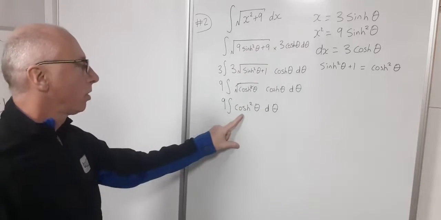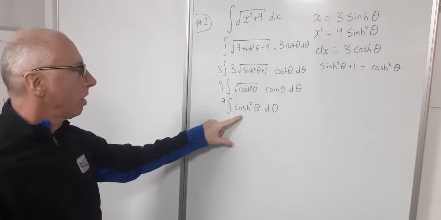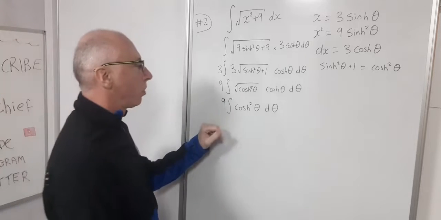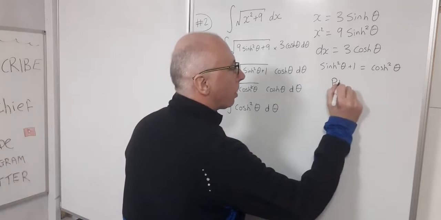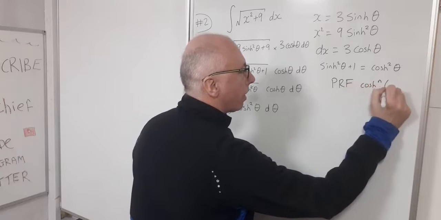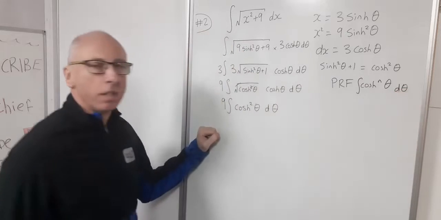Okay, now cosh squared theta, there's a couple of ways I can integrate this, but the way I would like to do it is to use the power reduction formula for cosh.